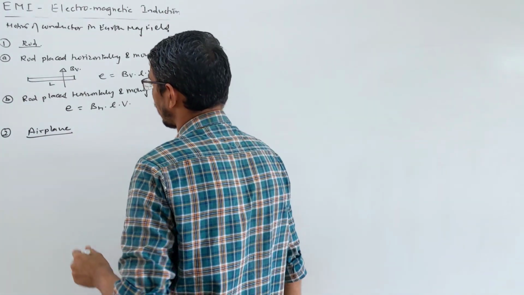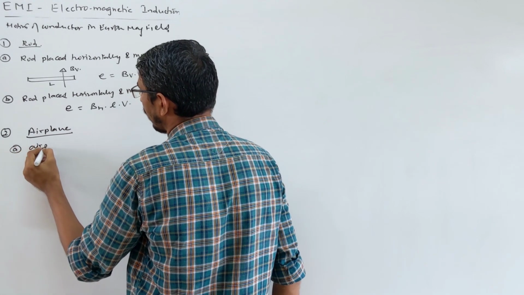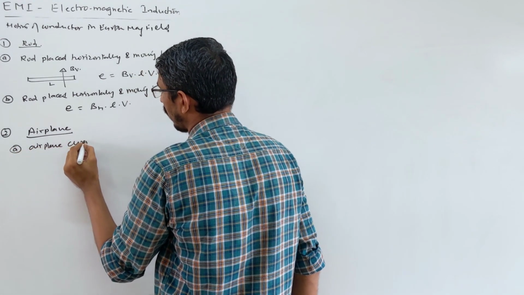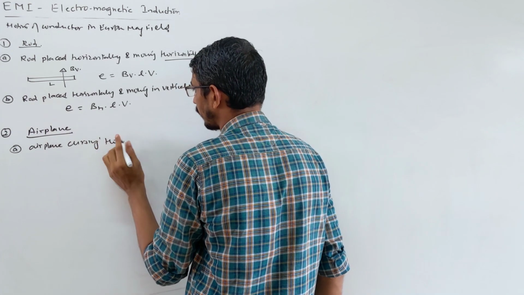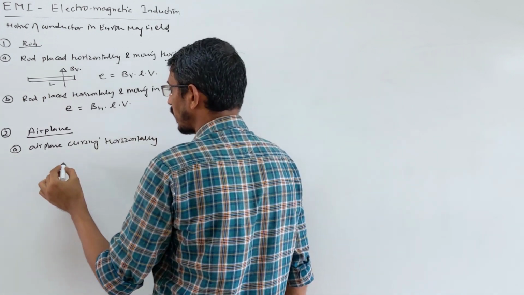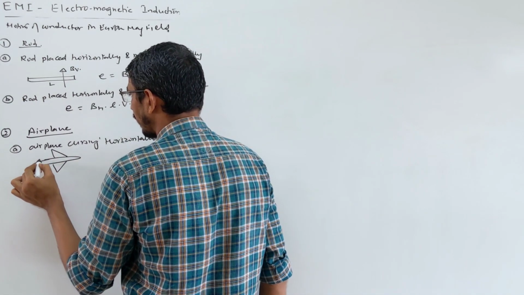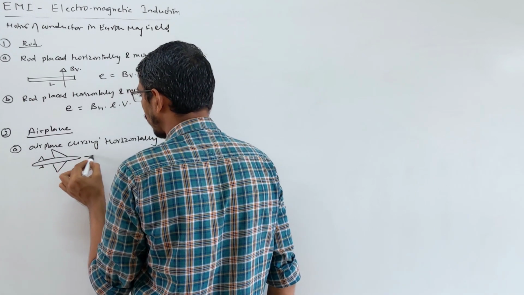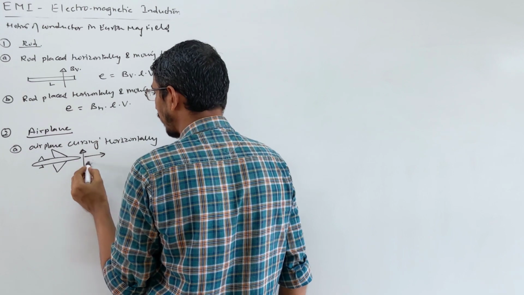This question was asked in our exam also, very important. So the first case is an airplane cruising, or flying, horizontally. This is your airplane, flying horizontally. It will cross the vertical component of Earth's magnetic field, B_V.